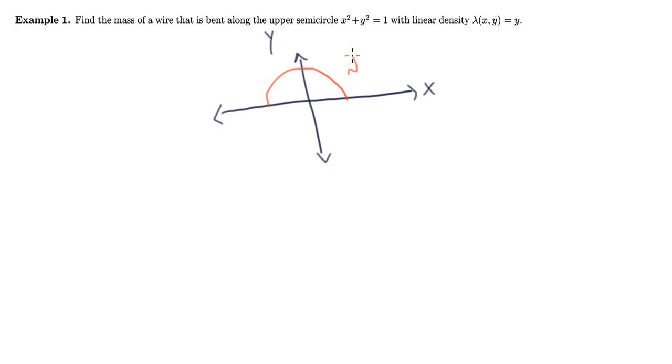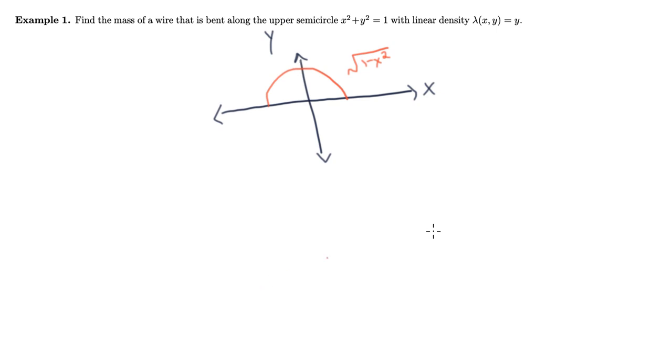Really, the semicircle is square root of 1 minus x squared. All right, and then the linear density is just equal to y. Okay, so it's less dense closer to the ends over here, and it's more dense up here. We want to find the mass.